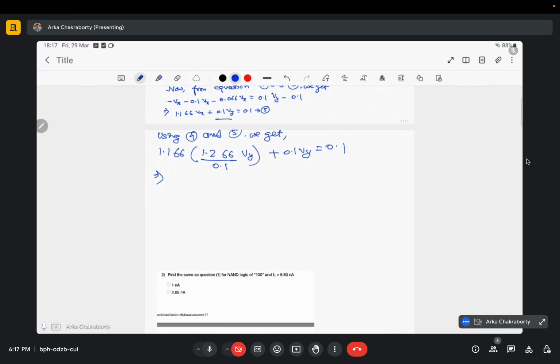If I solve it, I'll get Vy equals 0.1 divided by 14.86156. Okay, which is coming as 6.728 millivolt. That is equal to 0.006728 volt. Correct?